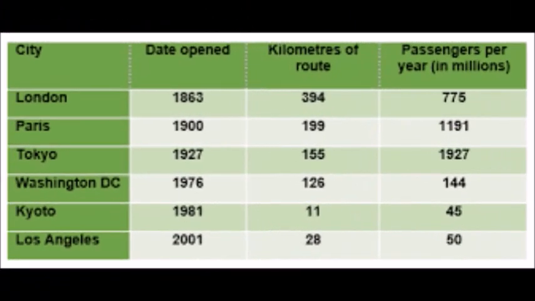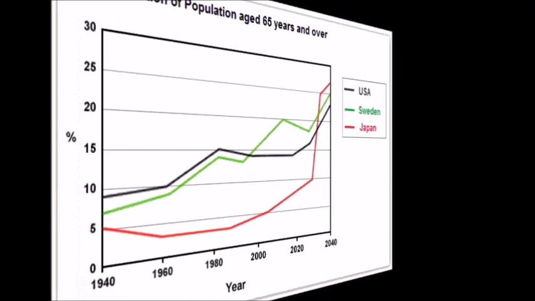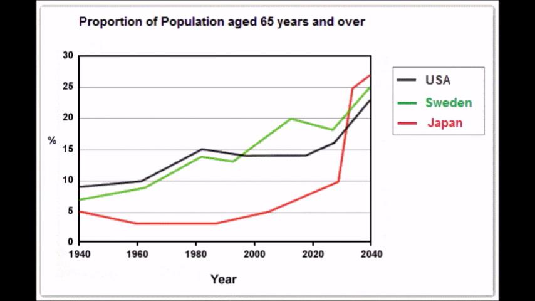In tables and in line graphs, if the data is related to the past, you have to use the past tense. If the data is related to a projected future, something that is going to happen in the future, you may have to use the future tense.